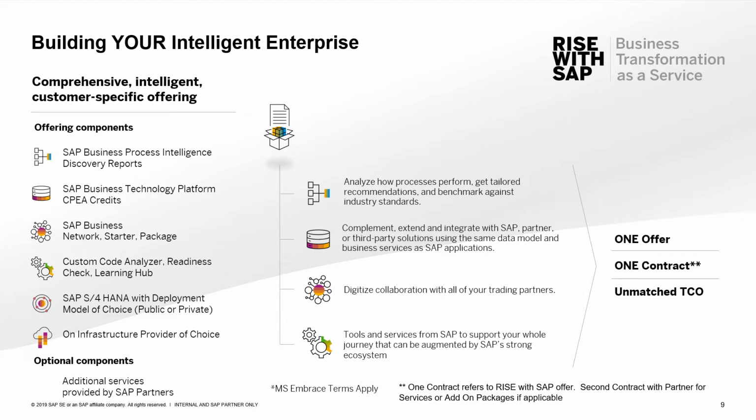Now, when we talk about contracts, we know that you, our partner, are going to be providing services, your extensions and add-ons, maybe application managed services, you have tools, workshops, education, and so on. And we know that you as a partner will have your contract with your customer.